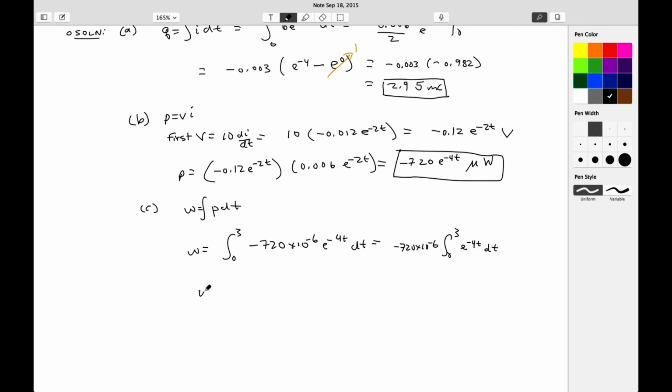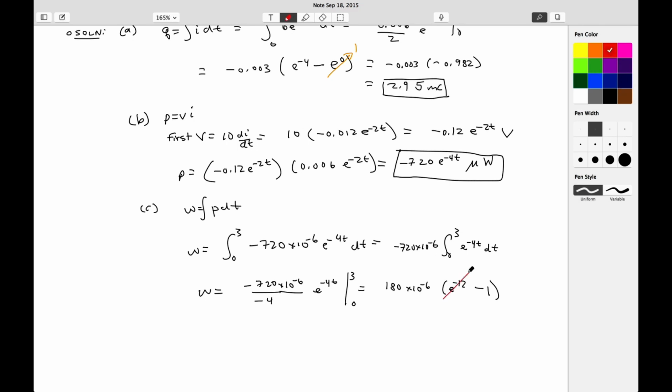All right, so now W is going to be minus 720 over minus 4 times 10 to the minus 6 e to the minus 4t evaluated between 0 and 3, which turns out is equal to 180 times 10 to the minus 6 times e to the minus 12 minus 1, which is e to the 0.